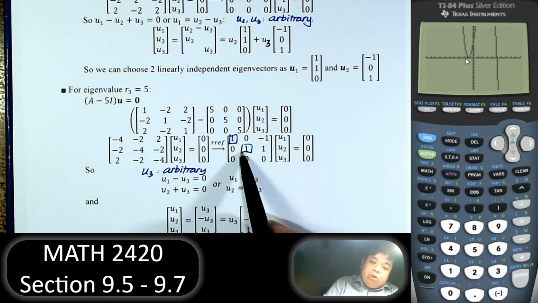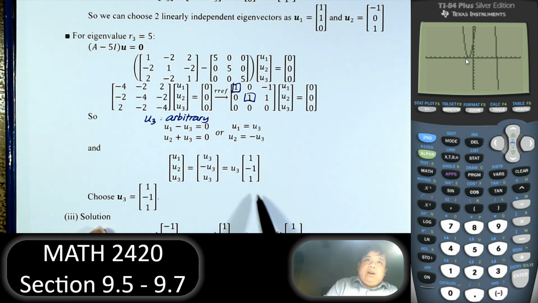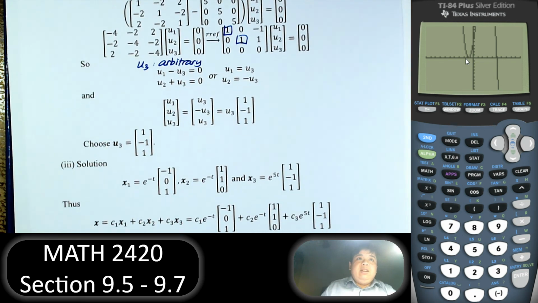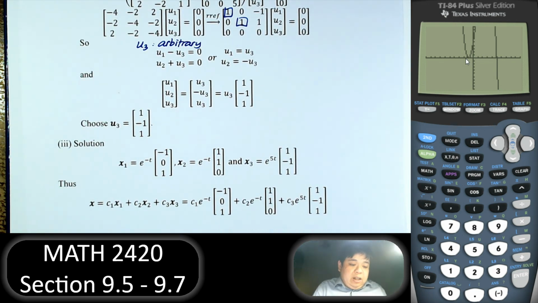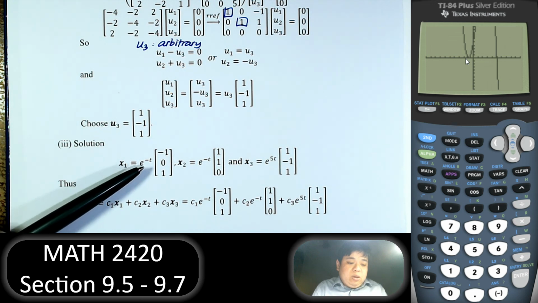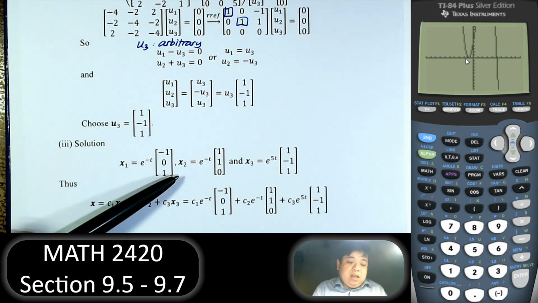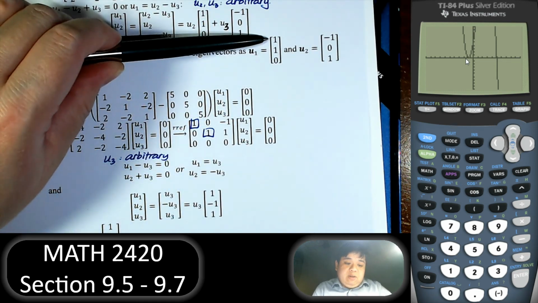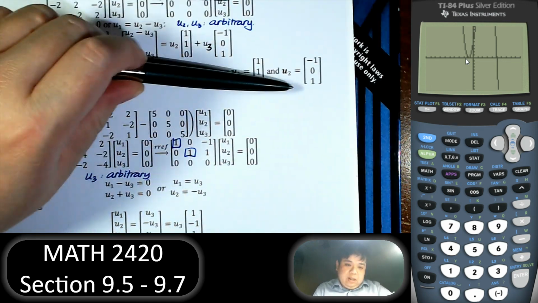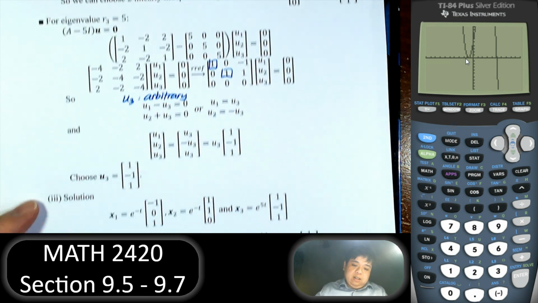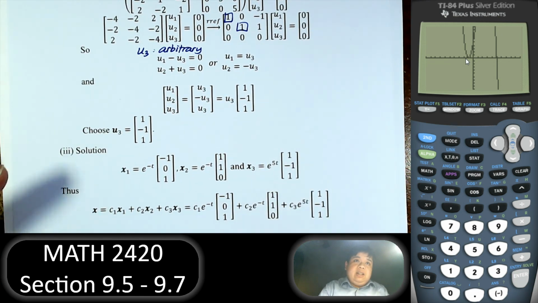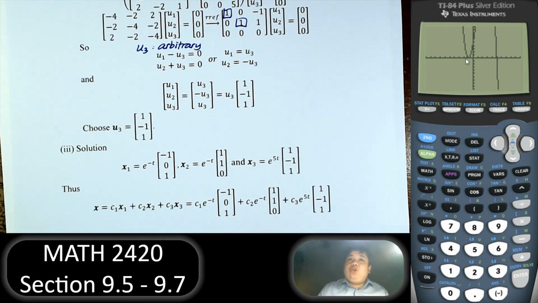The middle equation, u2 plus u3 equal to 0, and we solve for it. Put that in this form, factor out u3, and we have this, and that is the eigenvector. And finally, the solution is e to the negative 1 t, with the eigenvalue, times the first vector, second vector, and the third vector, and then put them together. That is the solution.